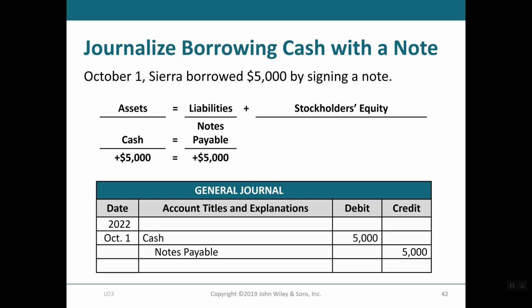And when you see a receivable, you automatically know that that is an asset. So we have cash of 5,000. That's the debit, because our cash is going to increase by 5,000. And then our notes payable, which is a 5,000 increase.